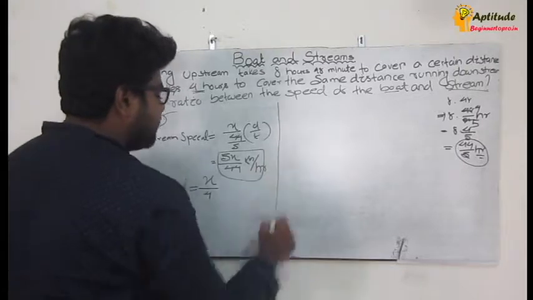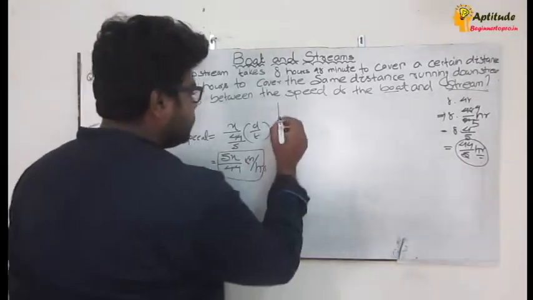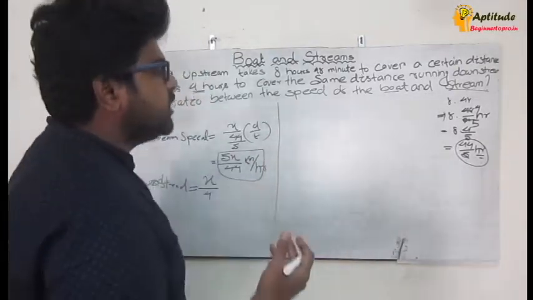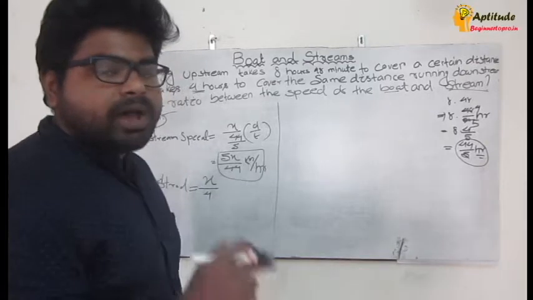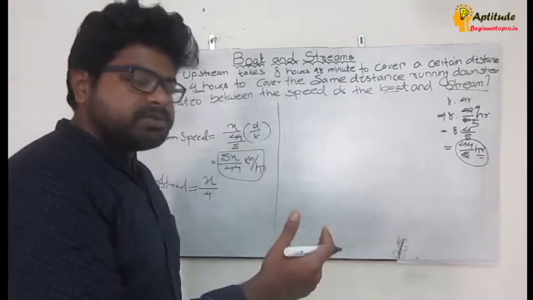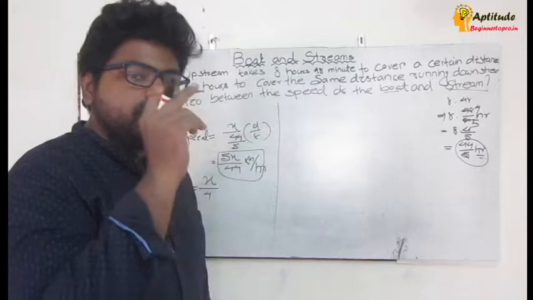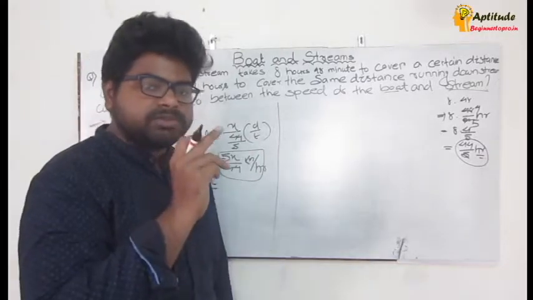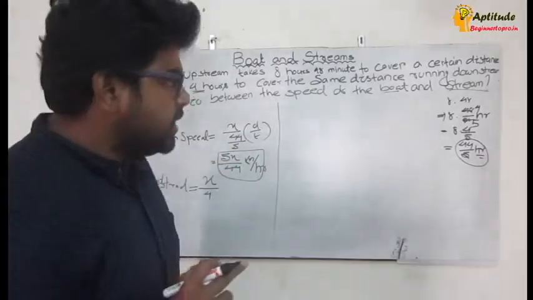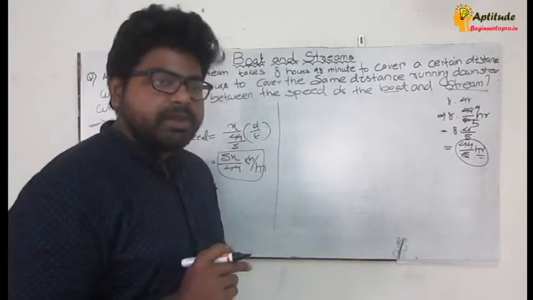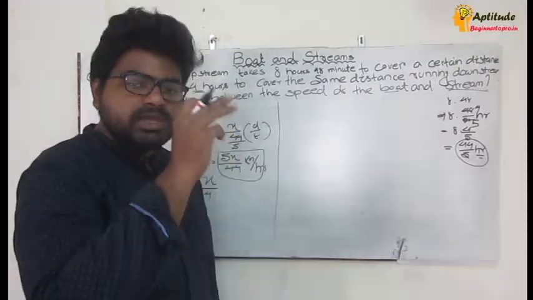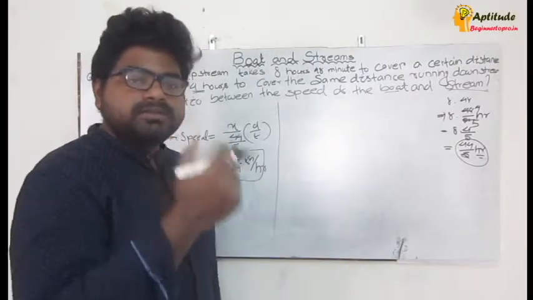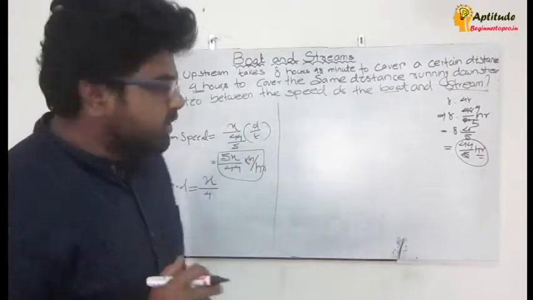How can we calculate that? We know the formula that the speed of the boat is half into upstream speed plus downstream speed, and for stream speed, that is half into downstream speed minus upstream speed.